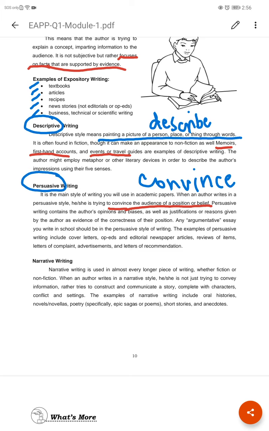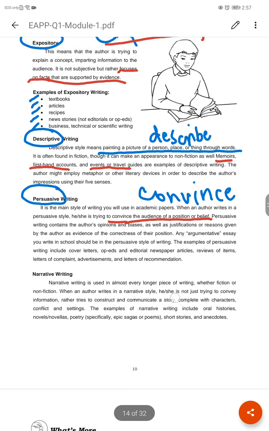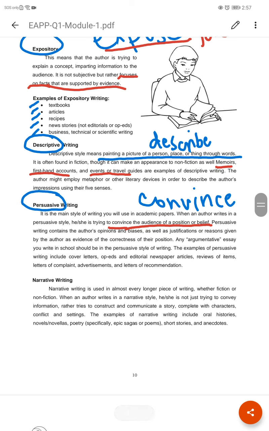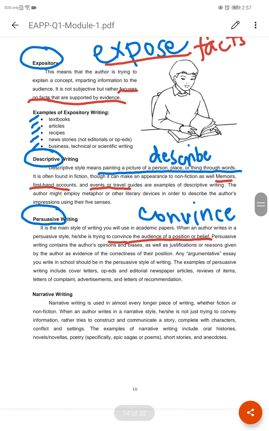For example, you will be asked to write about same-sex marriage. If you want to be objective, you should not write there your opinions based on your feelings alone.